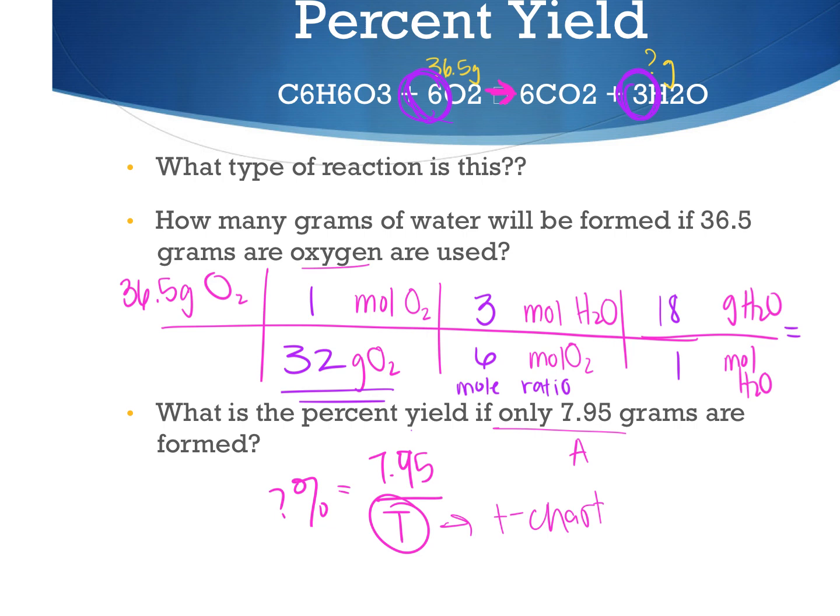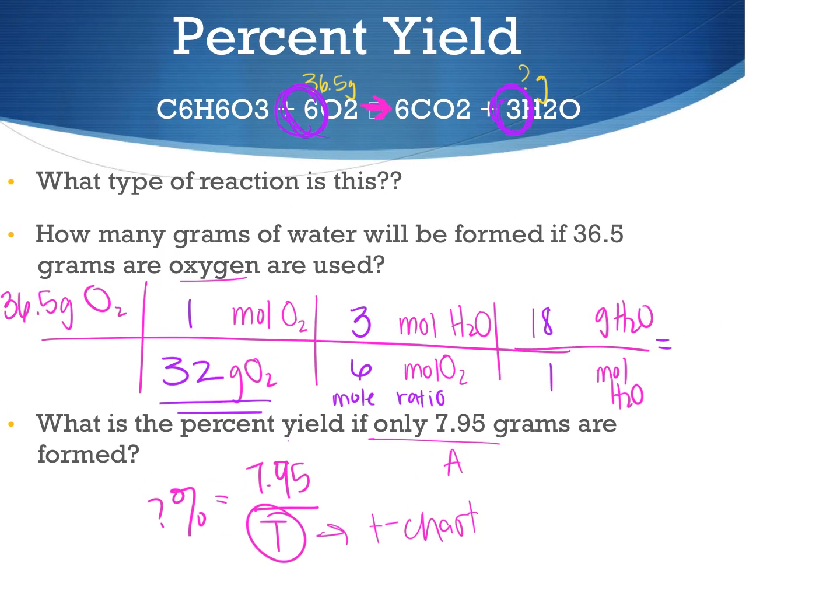Caliber, what'd you have? 10.26. I had 10.26 also. Did you divide by your 6 on the bottom, Sophia? Okay, no problem. Everyone else on their calculator, are we coming out correctly here?